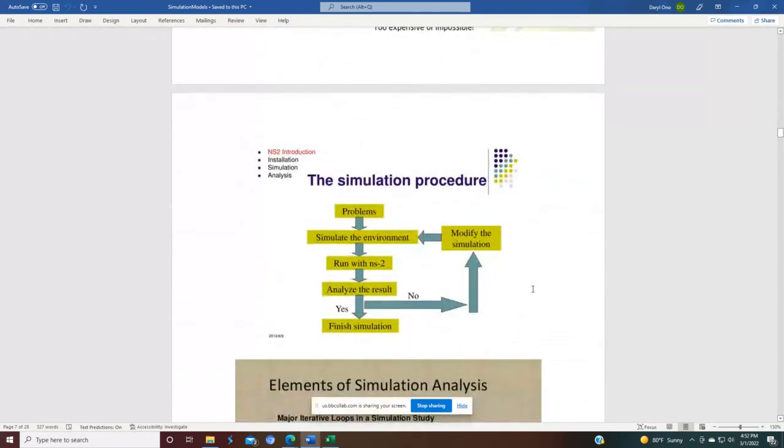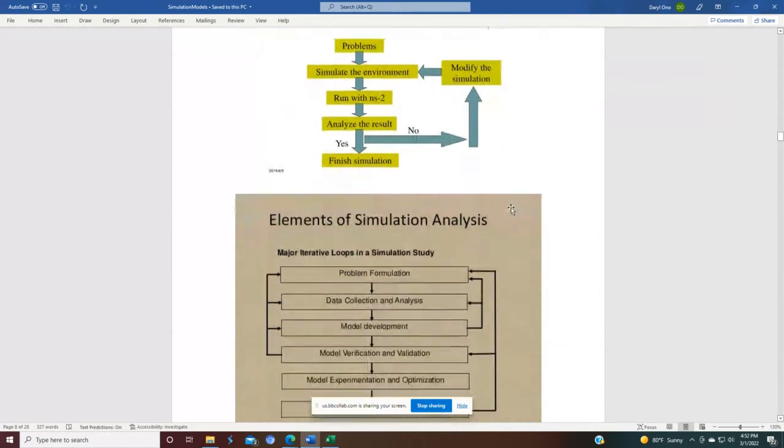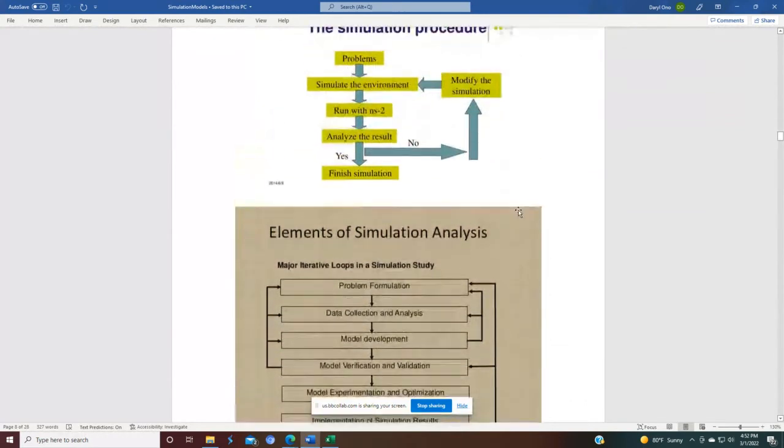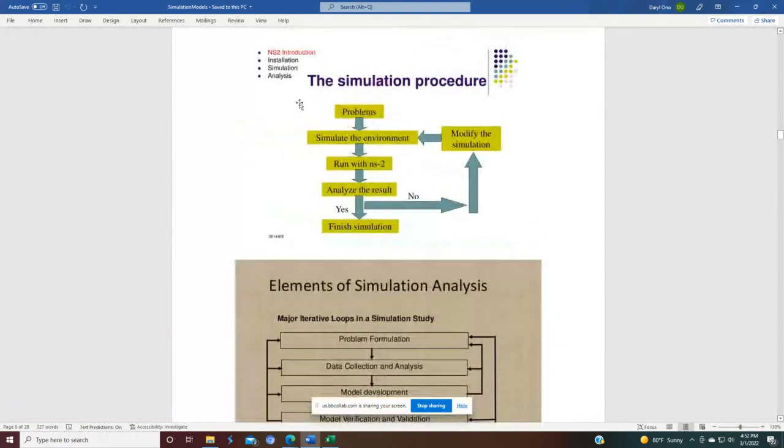So I have here a couple of slides. These are pretty good slides. And they discuss what the simulation procedure is. And the one thing to get from both of these is that this is an iterative process. You'd like to be able to go from A to B in one step.